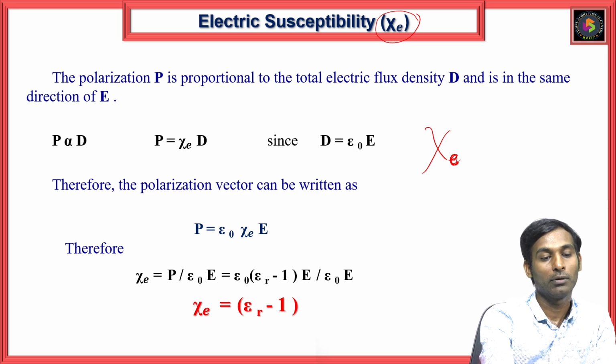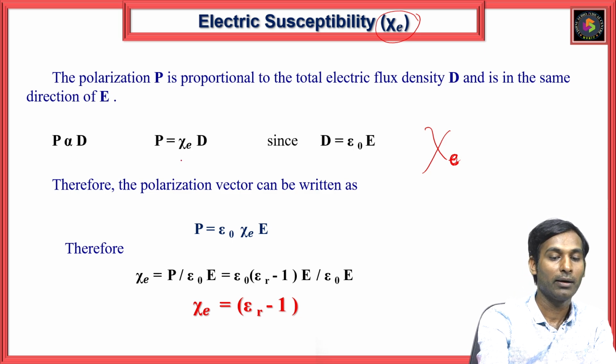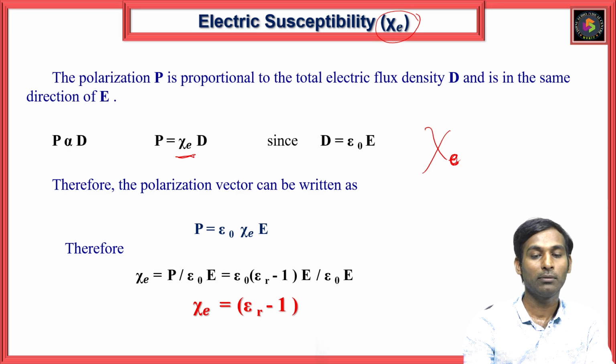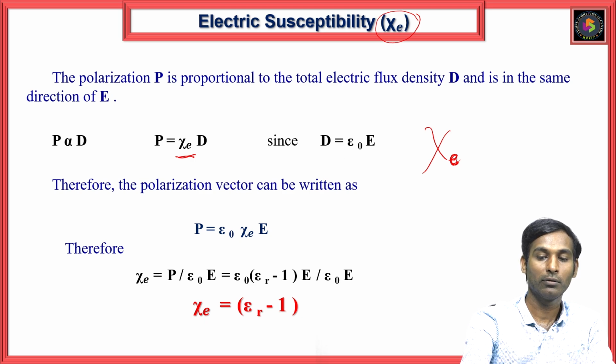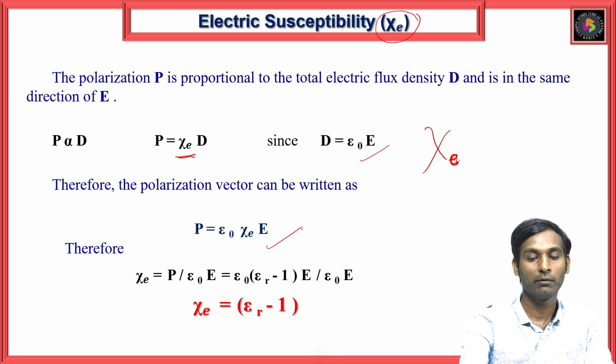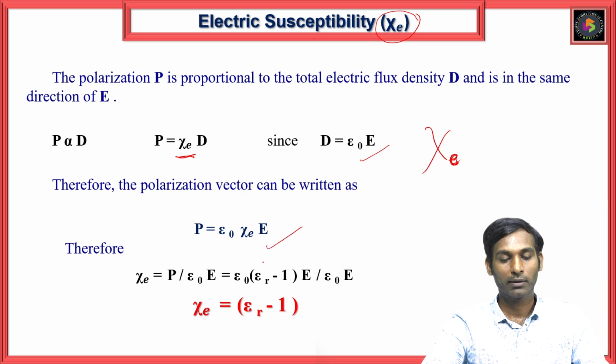Once we remove the proportionality factor, we can write it in this way. This is the electric susceptibility symbol. Since the electric displacement vector D is equal to epsilon into E, you can write in this way.